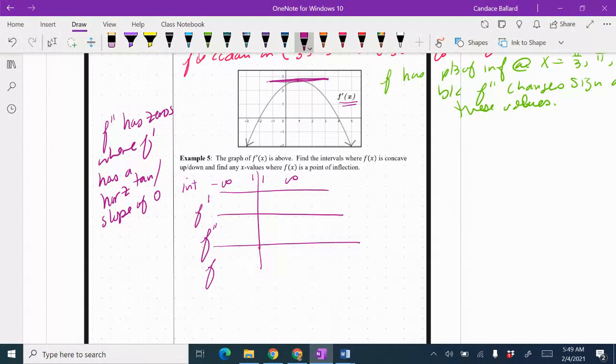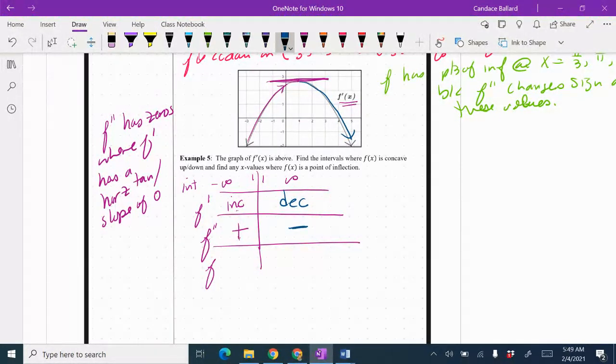So the first derivative is increasing, so that means my second derivative is positive. It's a shift in thinking from above and below, okay? On this interval, my first derivative is decreasing, meaning my second derivative is negative.